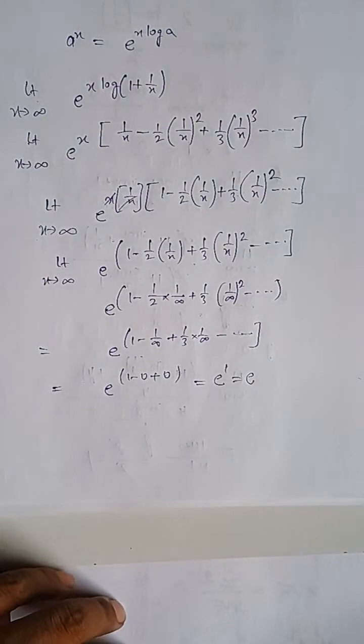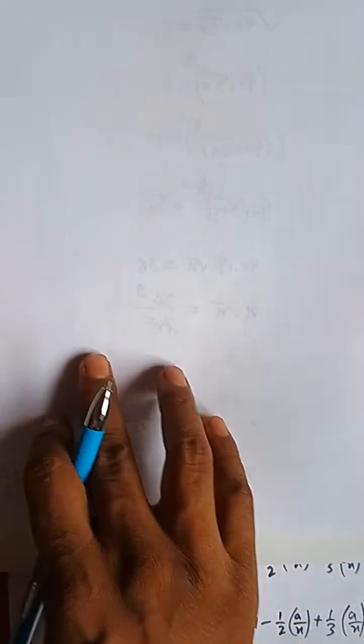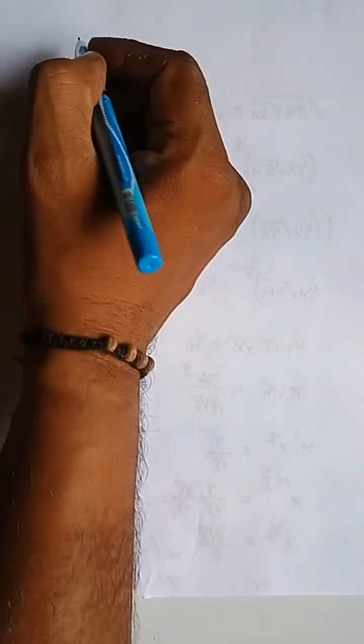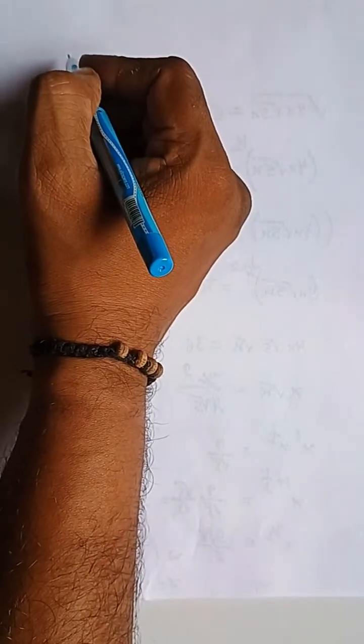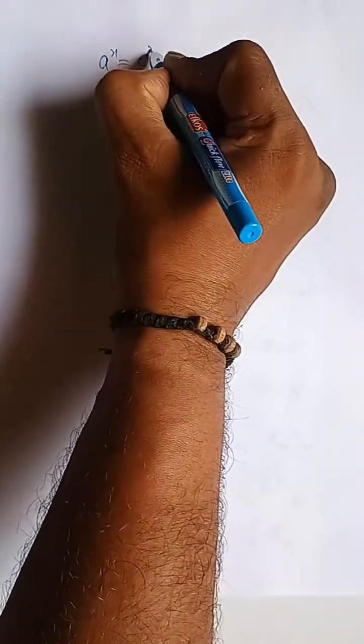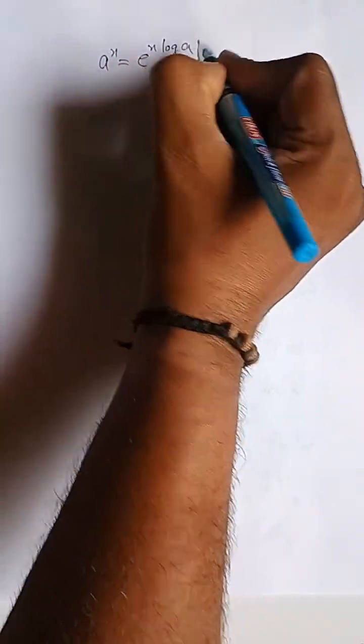Okay, we will have another problem based on this. We can solve here. The concept is that a to the power x, we know, is e to the power x log a.